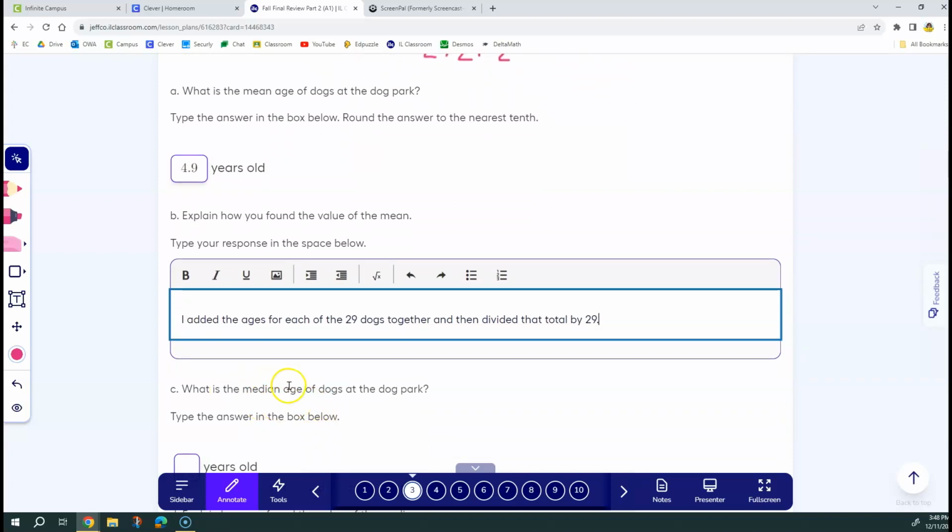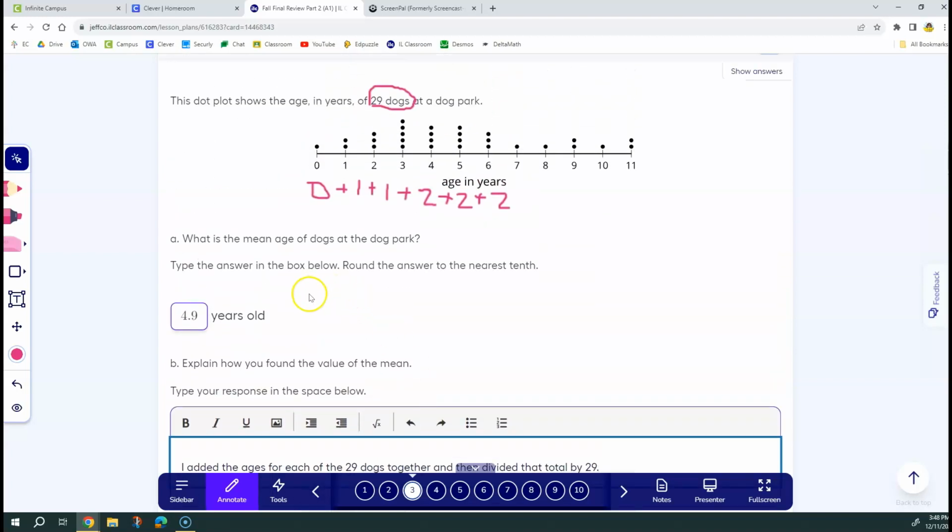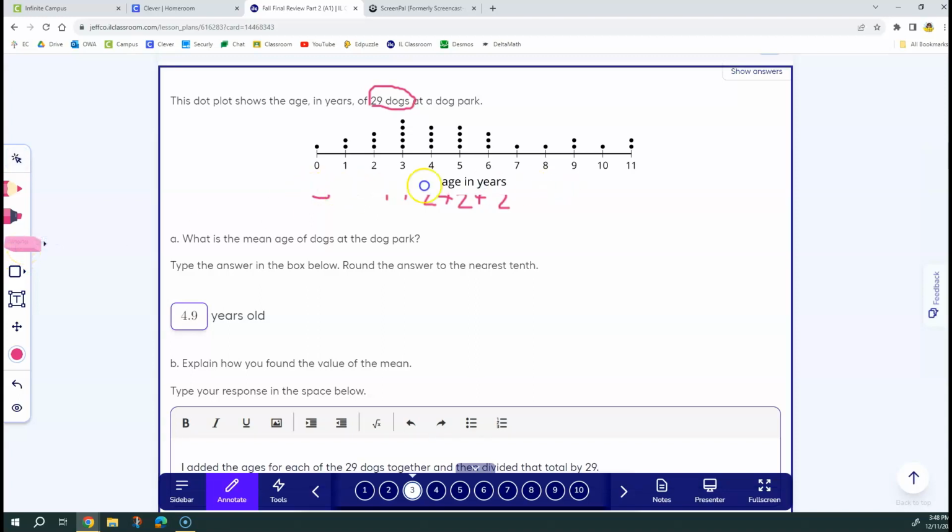What is the median age of the dogs at the dog park? Well, remember, the median is the number that's right smack in the middle of the data. So we can figure that out with a dot plot. It's really nice. Change colors here because we have it in order here.